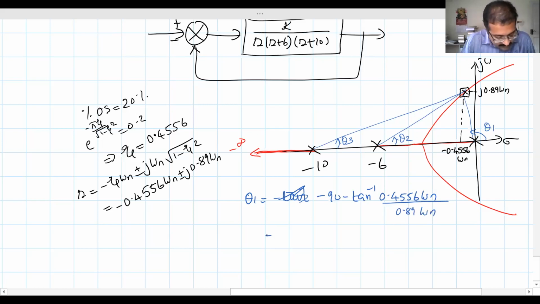So you will get theta 1 as minus 117.12.